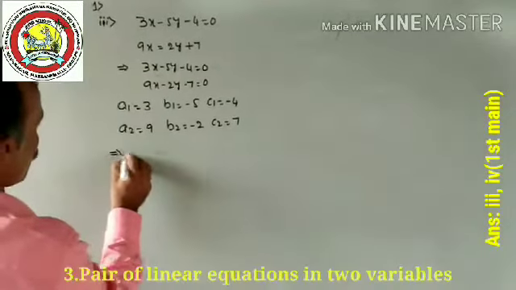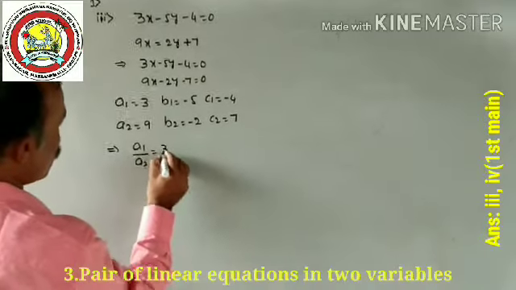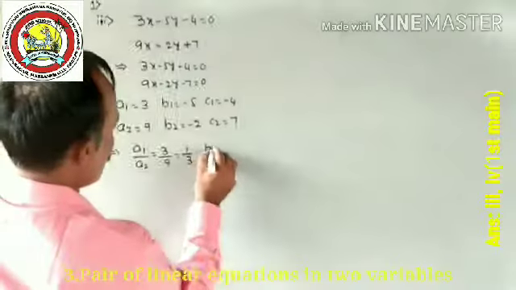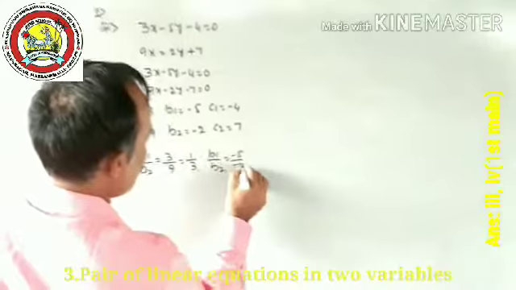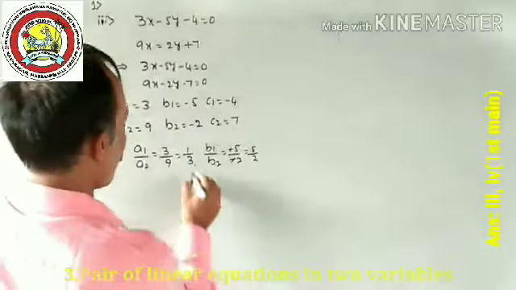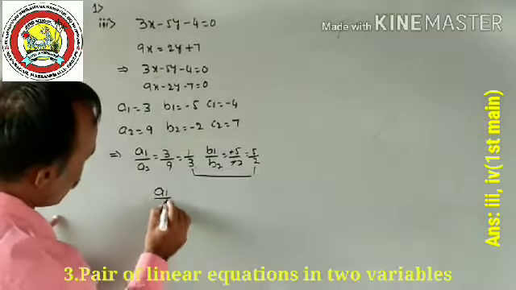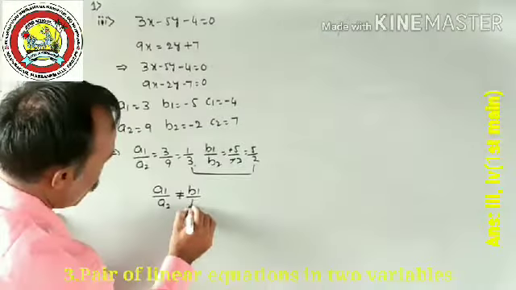Let's check one by one. a1 by a2 is equal to 3 by 9, that is 1 by 3. b1 by b2 is equal to minus 5 divided by minus 2, the minus gets cancelled, so 5 by 2. So clearly a1 by a2 is not equal to b1 by b2.